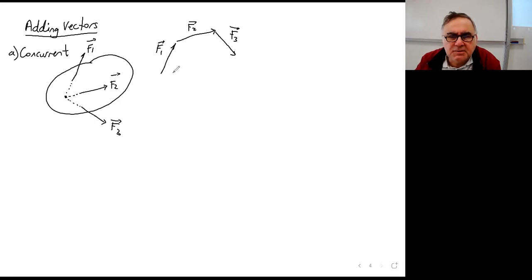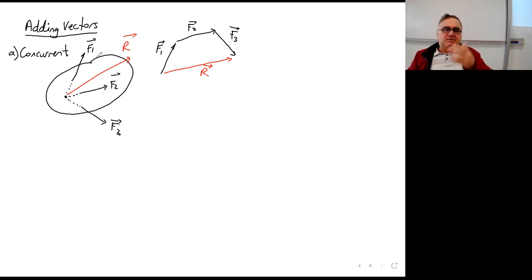So this will be the resultant force. Their addition is going to be, what will that be? This will be the resultant force, let's say.